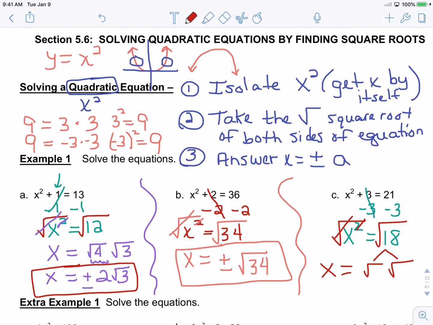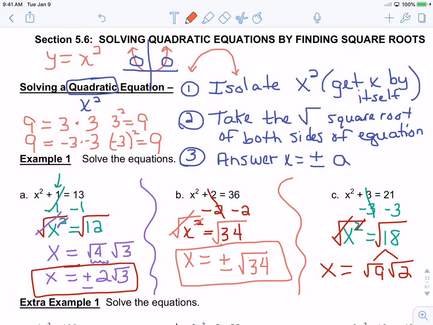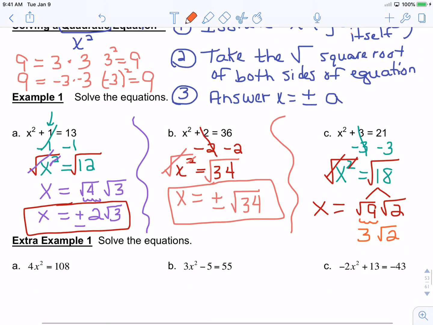6 times 3 makes 18, but 6 and 3 are not perfect squares. 9 times 2 also makes 18, and 9 is a perfect square. So the square root of 9 becomes 3, and then we keep the square root of 2. The last step is to put that plus or minus in front.